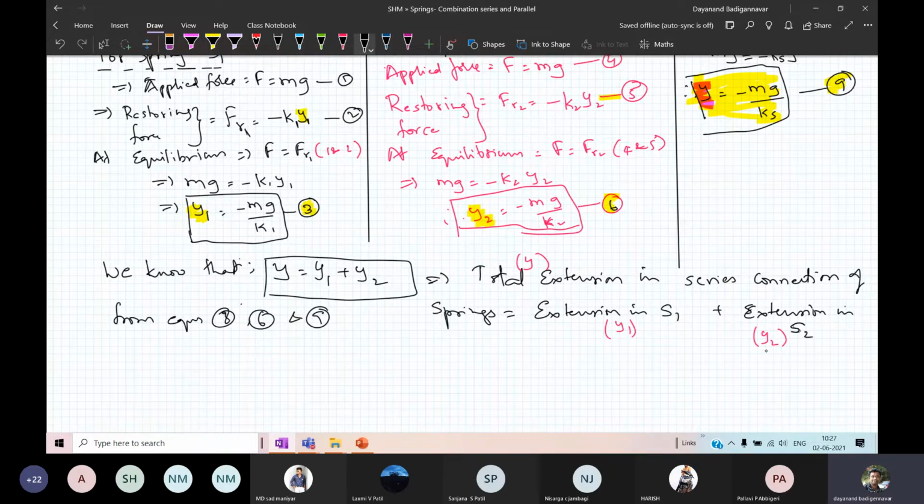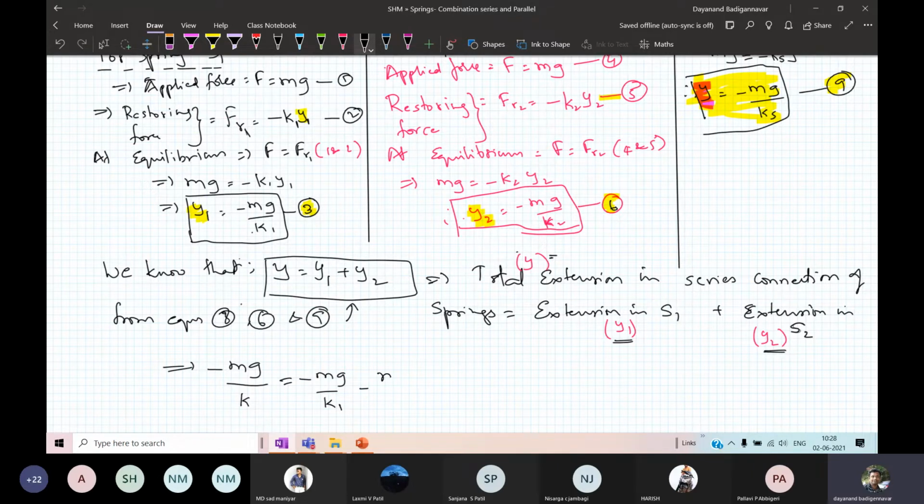What is the extension? Extension in S2 is Y2, extension in S1 is Y1, and extension in series is Y. So look at equations 3, 6, 9. On substituting in this equation, Y is minus mg divided by k1, equal to Y1, minus mg divided by k1, plus Y2, which is minus mg by k2.